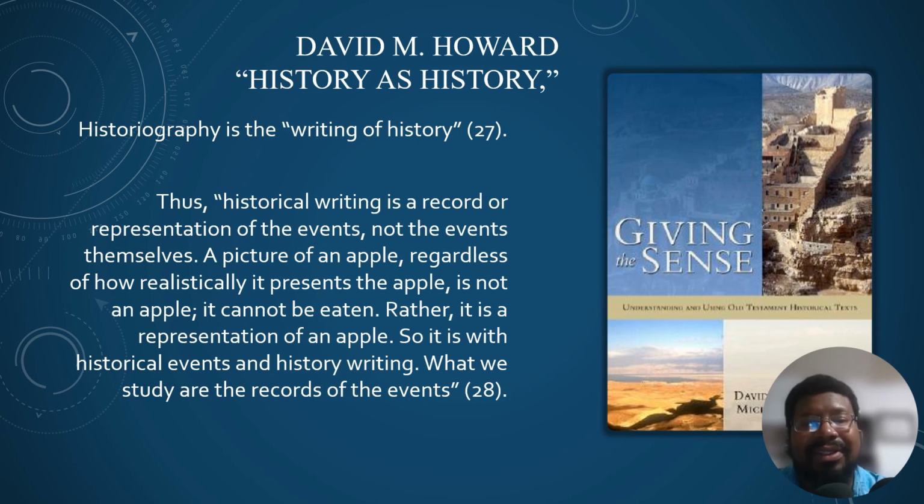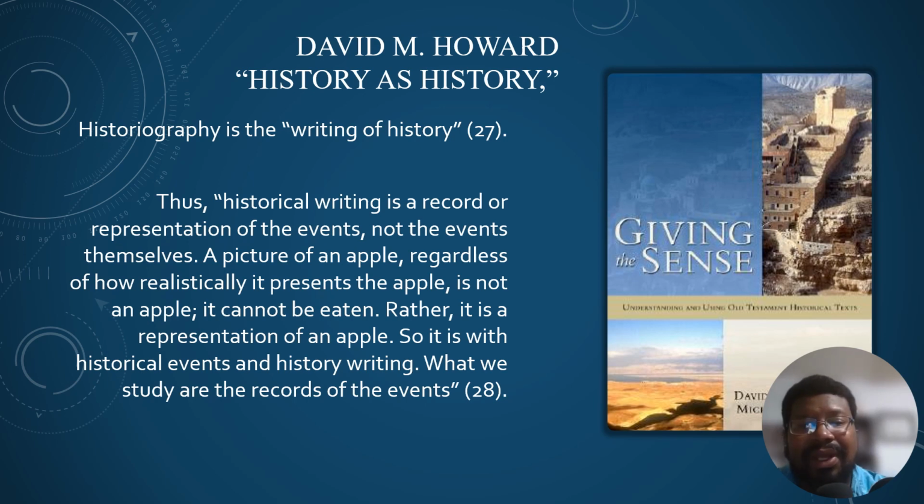So instead, what we have in historiography is an interpretation of the historical event. It's not the event itself, it's an interpretation of the event in a written form. Just like the example that Howard uses here, a picture of an apple, regardless of how realistic it presents the apple, is not an apple. It cannot be eaten. A picture can make the apple look beautiful and wonderful, or it can make it look grotesque, maybe it's got poison on it.